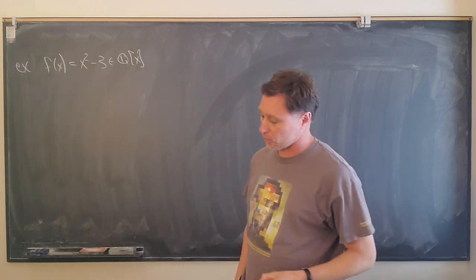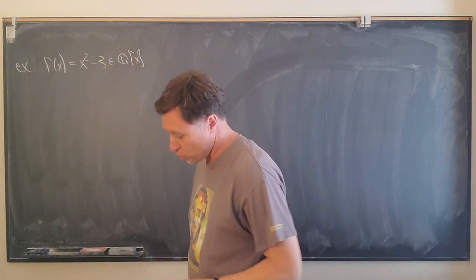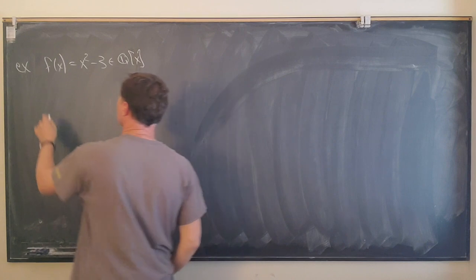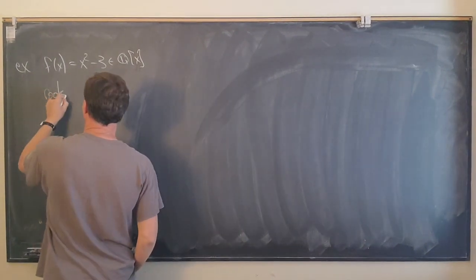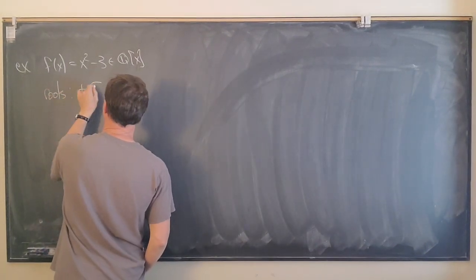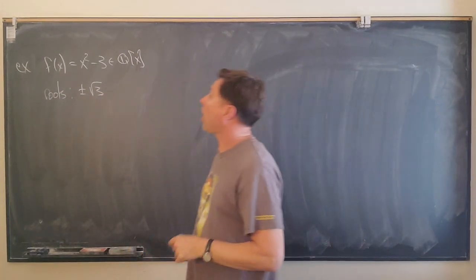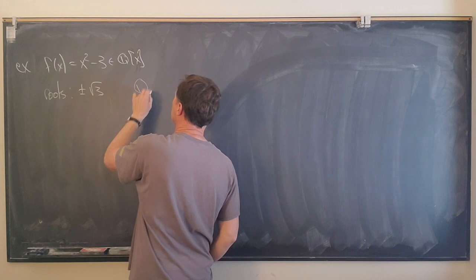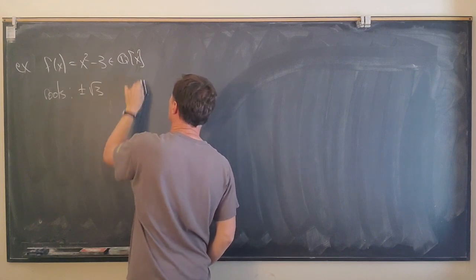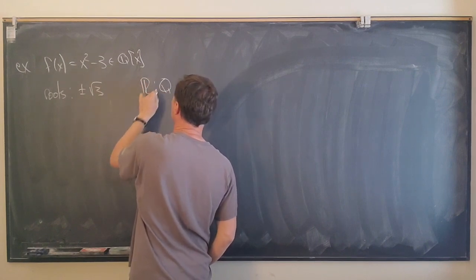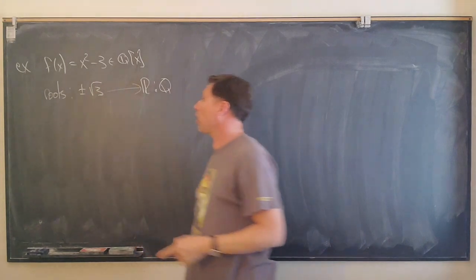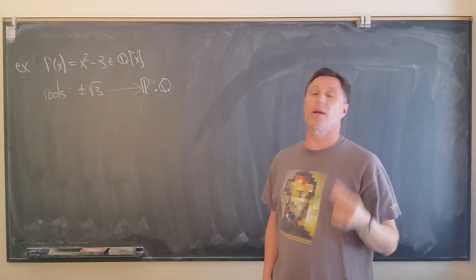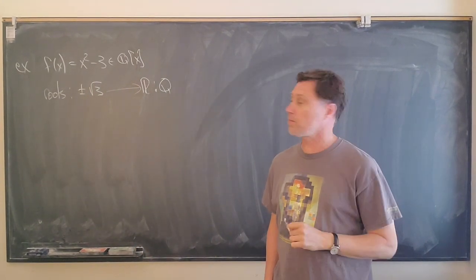Definitely irreducible over Q, but of course the roots are plus or minus root 3, and so our theorem tells us, by the way, here we're thinking of our extension R over Q, the roots live in R, and so our theorem says adjoin the roots and you've got the splitting field.